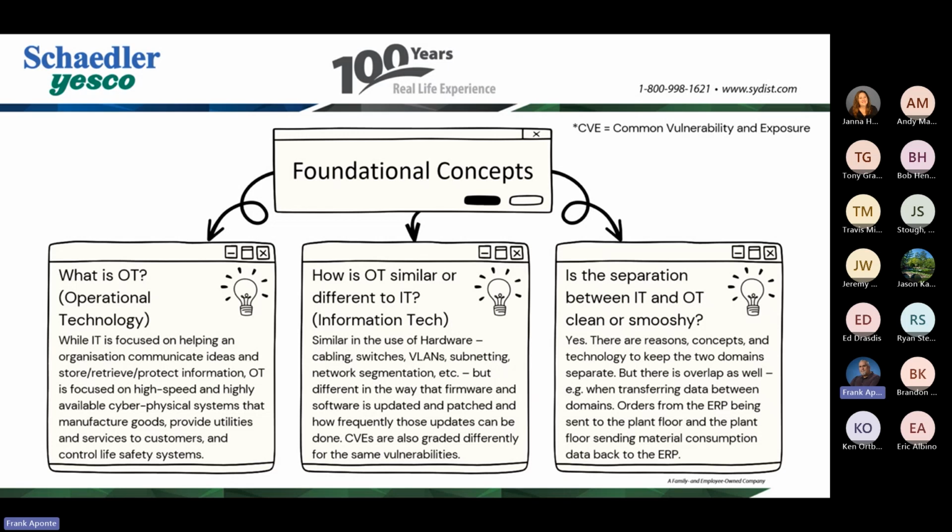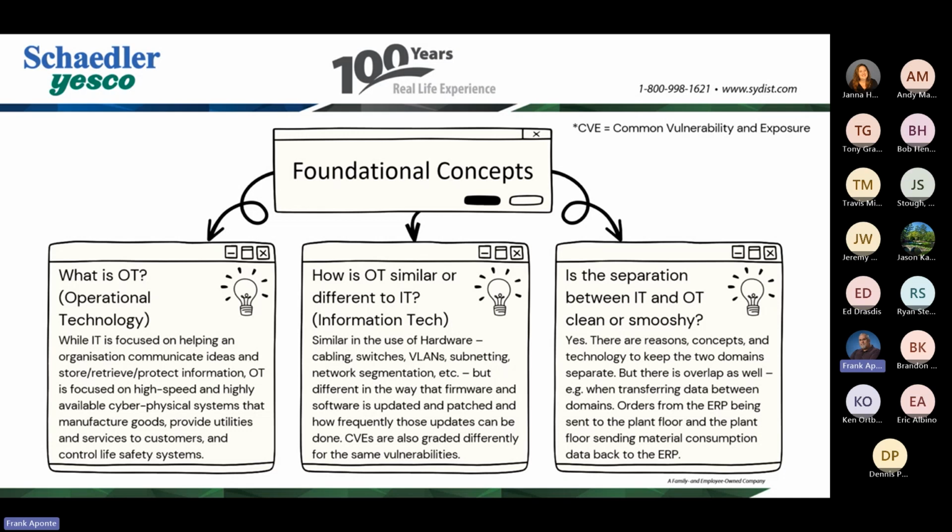You'll have an order come in from the ERP to get downloaded to a production line or to a department to work away a list of orders.